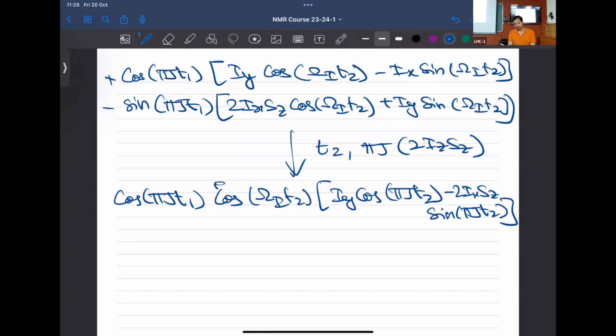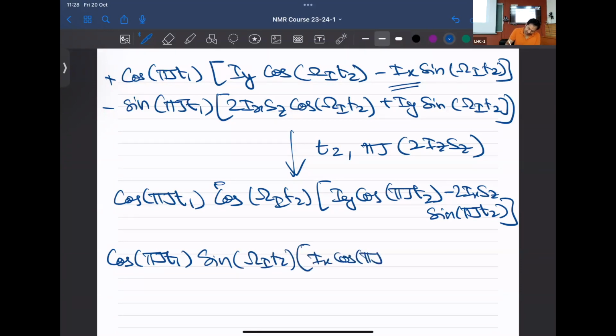Right? You also would have the x term. The x term will be something like cos pi J t1 sine omega I t2 and then Ix cos pi J t2 plus 2IySz sine pi J t2. Right? I think I made a small mistake here. This one would be plus 2IySz. Correct? Everybody still following?